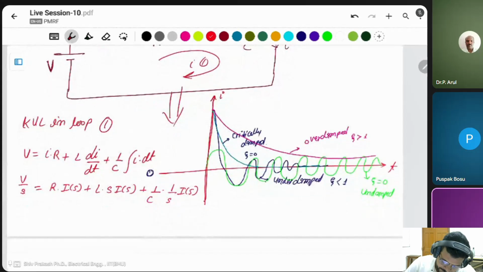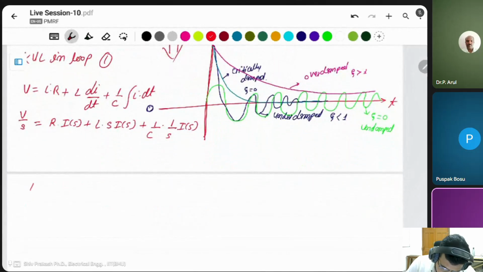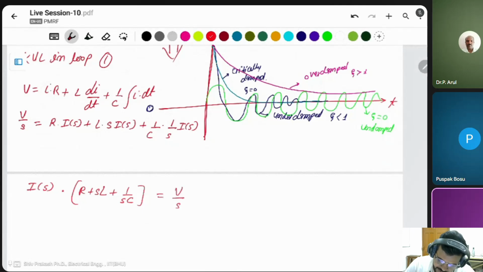We can take I(S) common. Then I(S) into R plus SL plus 1 by CS is equal to V by S.